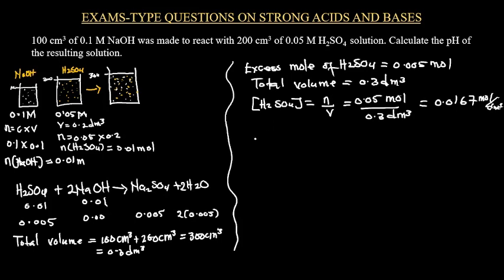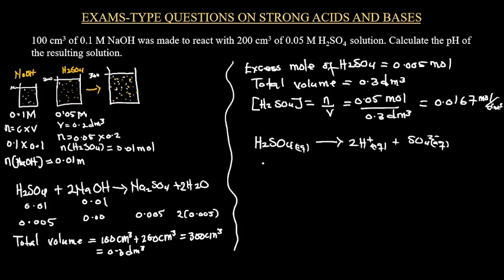So let's do that. We have H2SO4, which is a strong acid. Remember, it's aqueous. So it's going to dissociate to give us 2H plus, also aqueous, plus SO4 2 minus aqueous, right?